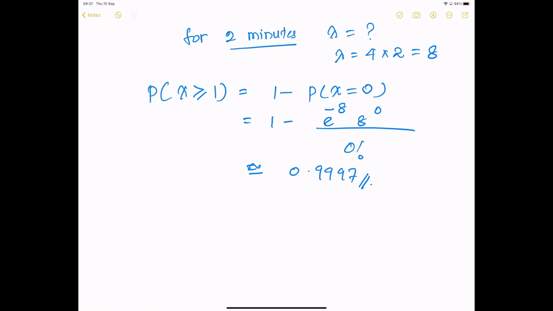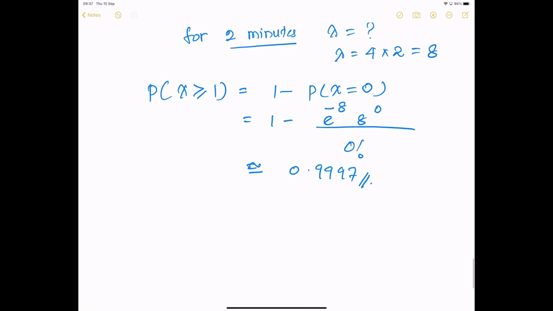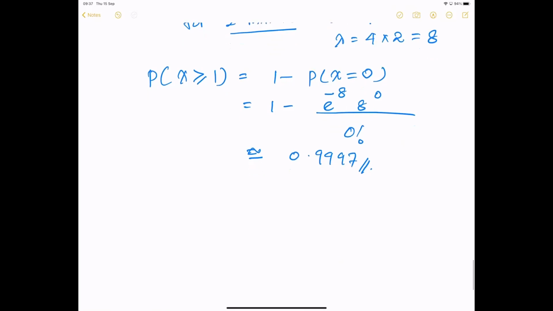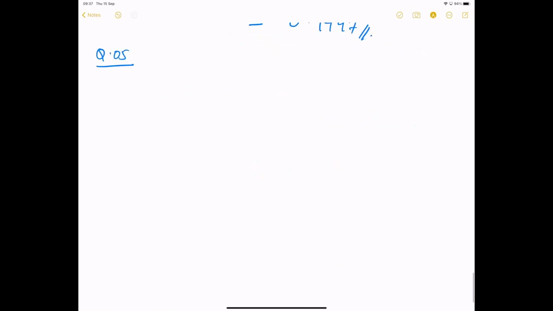Right, question number 5. The quality control manager of Marian's cookies is inspecting a batch of chocolate chip cookies that has just been baked. If the production process is in control, the average number of chip parts per cookie is 6.